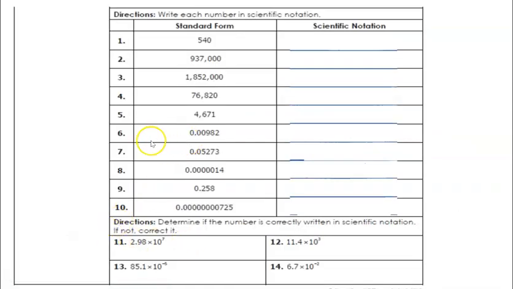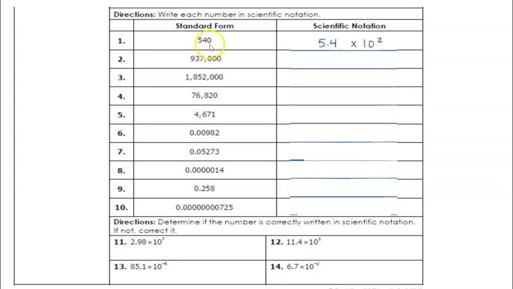Okay, so let's take a few of these and go over them so that you can understand how it works. So here we have 540. This is not a huge number, but I'm going to start small so that you understand. We have to look at the first two digits. This is a 5, it's bigger than 0, and this is a 4, which is less than 10.